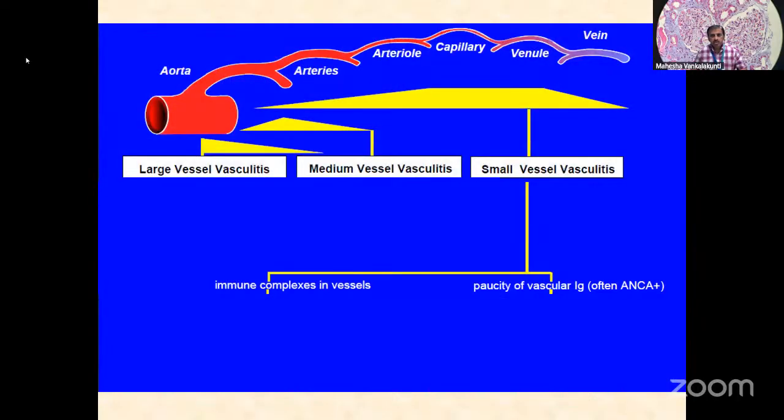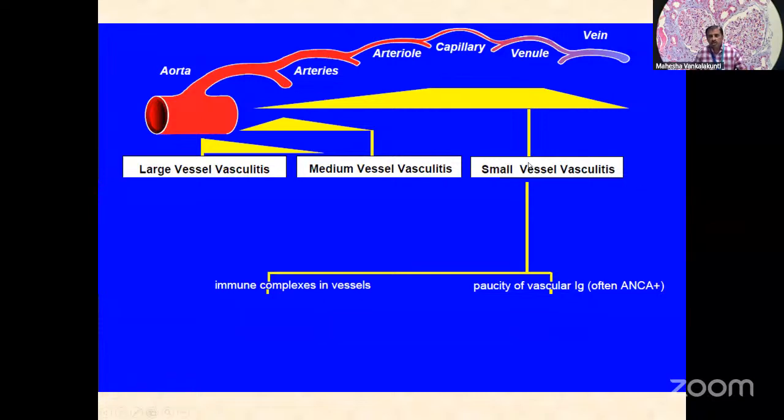So going back to this Chapel Hill classification, as I said, this is more or less a small vessel vasculitis. This yellow bar would give the range of the vascular network that is affected in a small vessel vasculitis. So it can affect the capillaries, the arterioles and the arteries in the renal system, that is sampled by a core, it can sometimes be seen even in the arcuate artery that is being sampled, rarely.